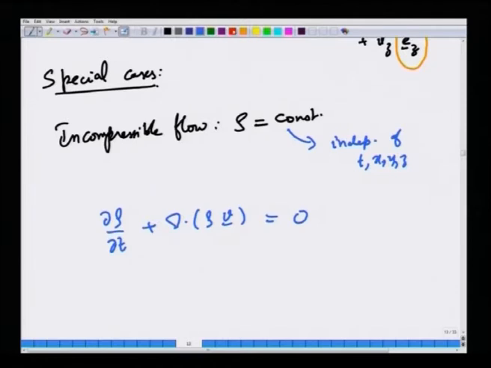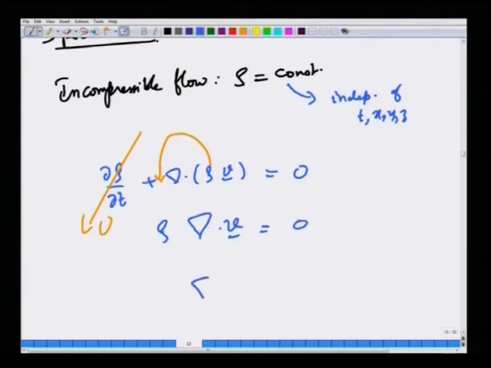If rho is a constant, d rho dt is 0. Since rho is a constant, you can pull rho out of the divergence operator. So, you will get rho del dot v is 0. Since rho is not 0, you will get del dot the velocity vector to be 0. This is the simplified continuity equation for an incompressible fluid.